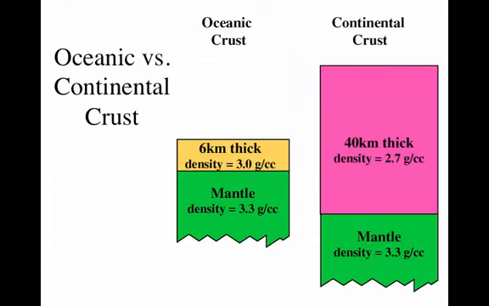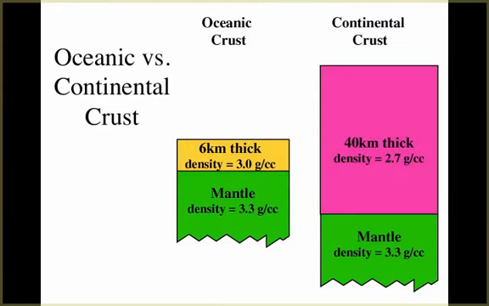And this thinner, denser oceanic crust is also going to have isostatic effects, and so sit lower on the underlying asthenosphere compared to the continental crust that is much thicker and less dense, and so sits higher on the asthenosphere.